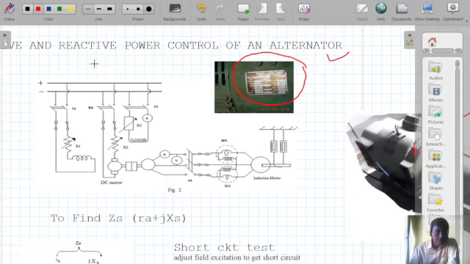Now in this circuit diagram, this is our alternator and this is coupled with a DC shunt generator, and there is an arrangement for giving power to an induction motor along with a mechanical loading arrangement.